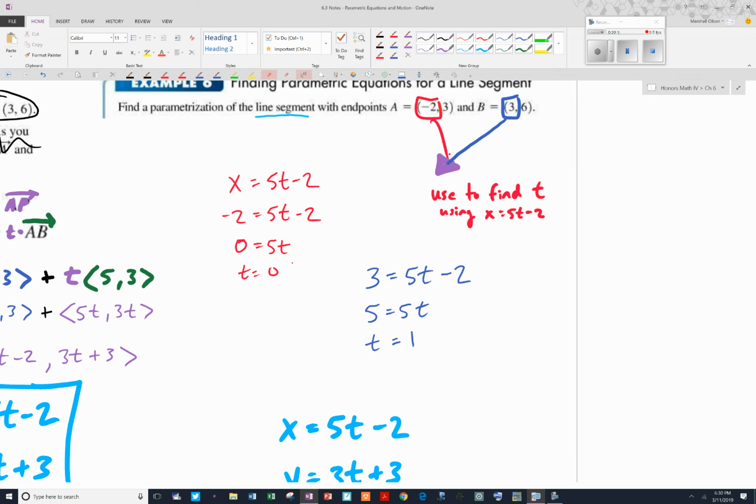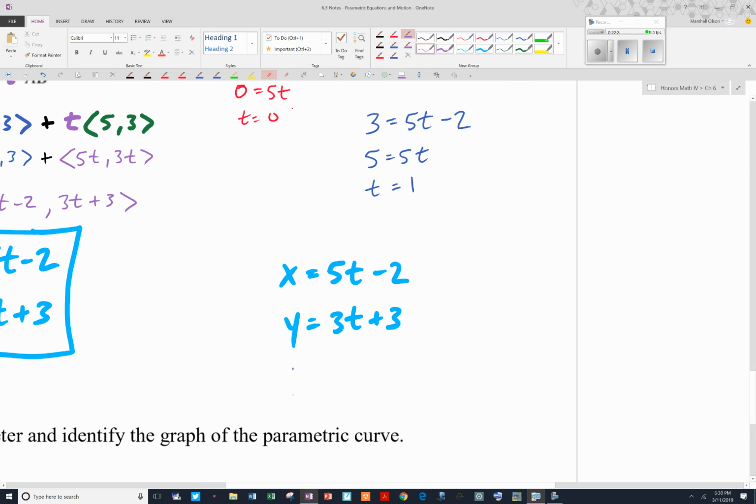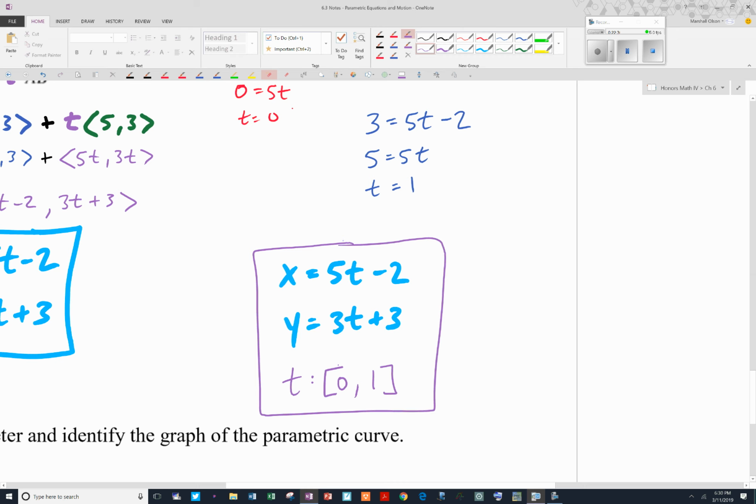That would give me the point (3, 6). So these are our endpoints for t, so we need to just add that to our two parametric equations. And in order for this line to become a line segment between those 2 points, t would have to be restricted between 0 and 1. That would now make that a line segment instead of just a line.